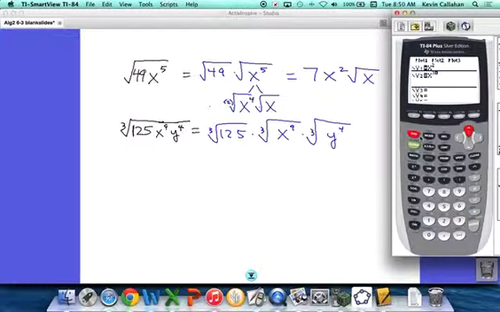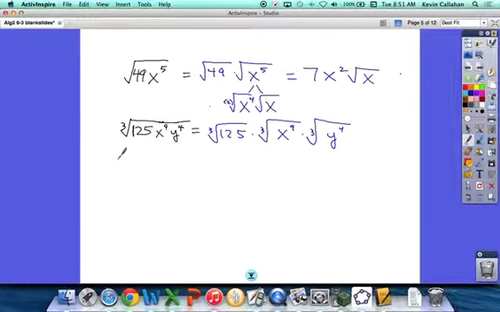And then on the table of values, you could see these are all the perfect squares, these are all the perfect cubes. So look down the perfect cube column, do you see the 125? Yeah, 125 is a perfect cube, 5 cubed is 125. So we're definitely going to be able to take a 5 out of this.